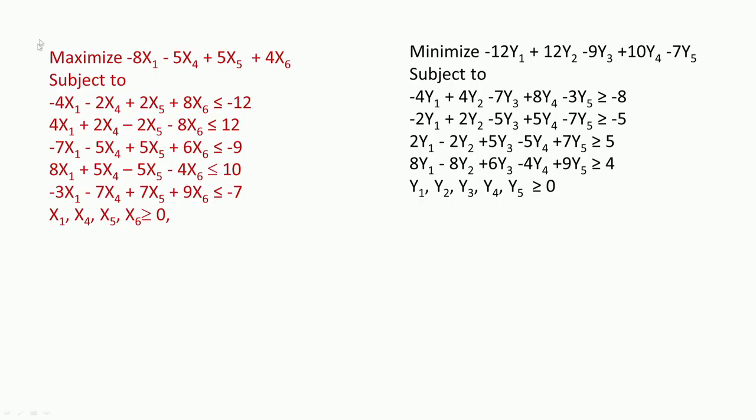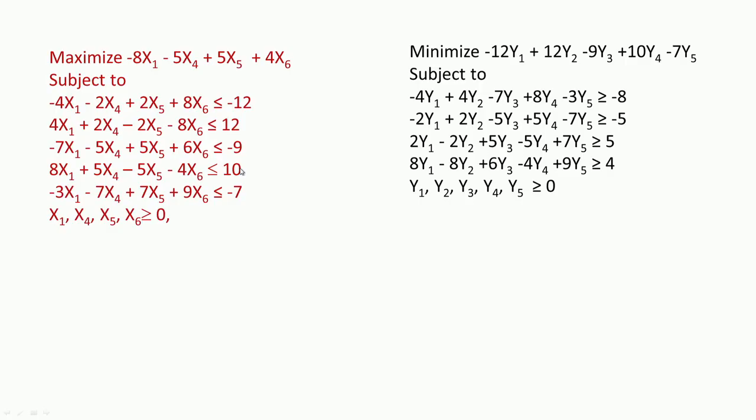Now, since the new primal is maximization, the new dual will be minimization. Now, the objective function of the dual will use the right hand side of the primal: minus 12, 12, minus 9, 10, minus 7. y1 to y5 are the dual variables.